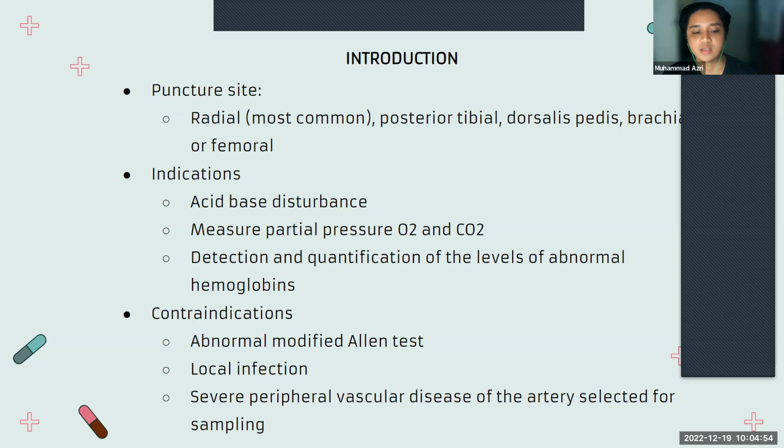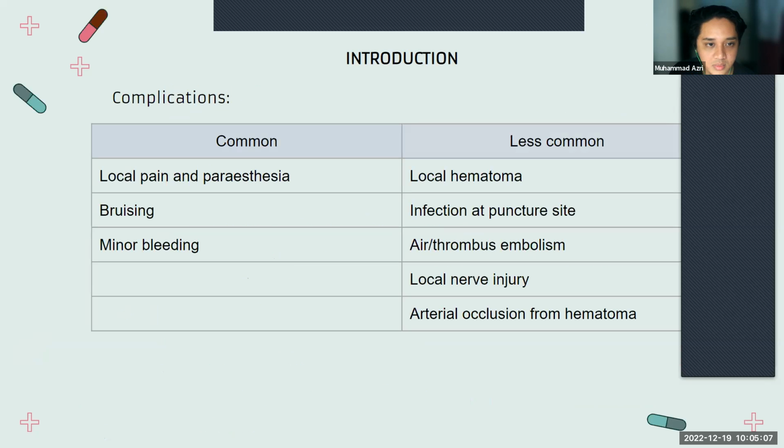And then when there is local infection, so cannot puncture the skin. Local infection, severe peripheral vascular disease at the artery selected for sampling. The common complications associated with arterial blood sampling will include local pain at the site of injection and paresthesia, bruising, and also minor bleeding.